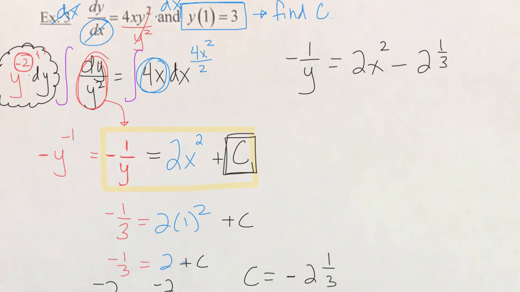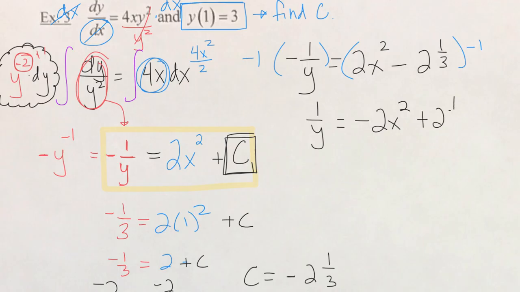To solve this for y, let's first multiply by negative 1. Let's change all these signs. So 1 over y equals negative 2x squared plus 2 and 1/3. Now we'll multiply both sides by y, so all of this goes in parentheses and y goes on the outside.